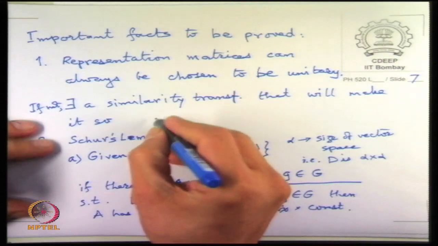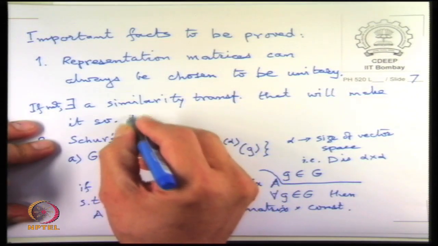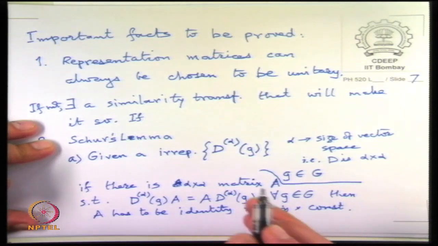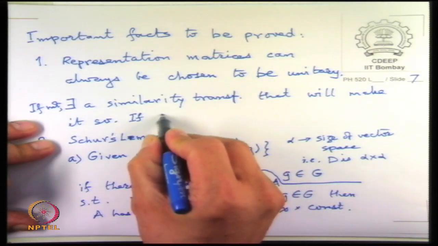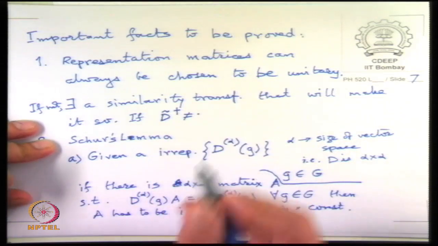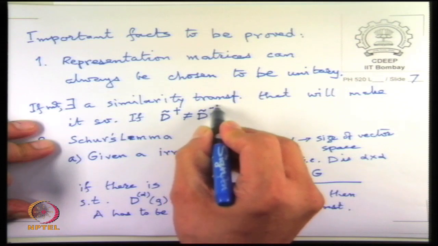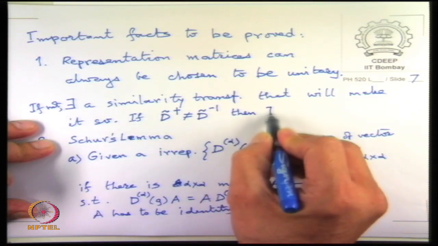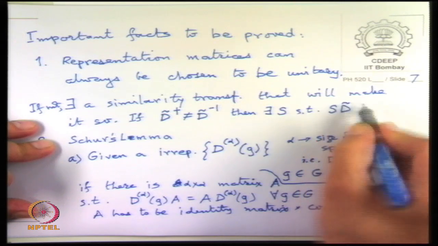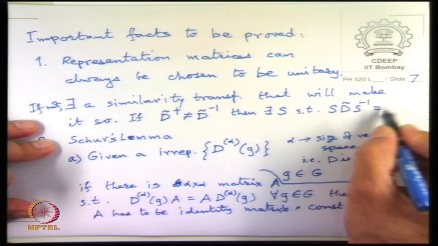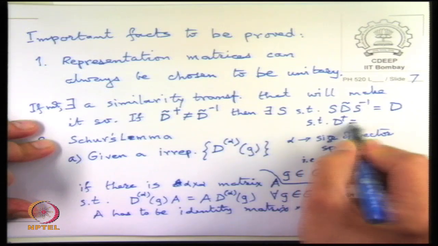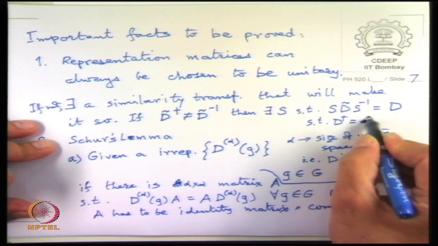So if D tilde dagger is not equal to D tilde inverse, then there exists S such that S D tilde S inverse equals D, where D is unitary, D dagger equal to D inverse.